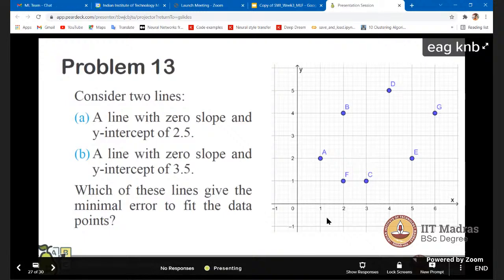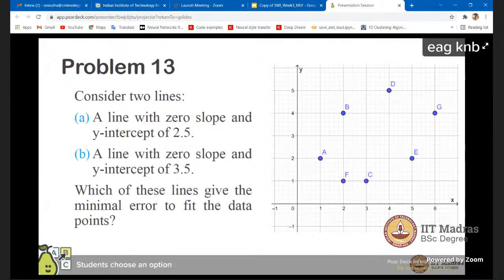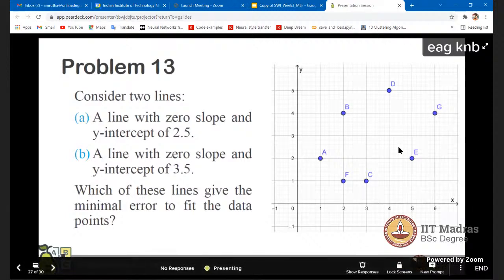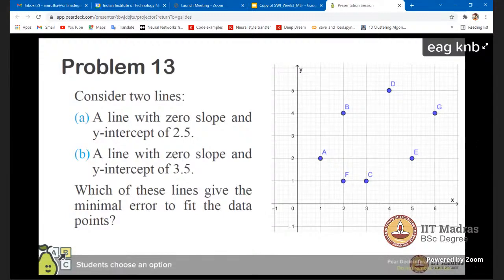The scale is simply 1, 2, 3, 4, 5, 6 on the x-axis and 1, 2, 3, 4, 5 on the y-axis. These are some scattered points, but they form like an ellipse structure. So if you simply draw the line, you may not know which one gives you minimal error. So you can find the residuals, and the sum of the residuals will give you the error.